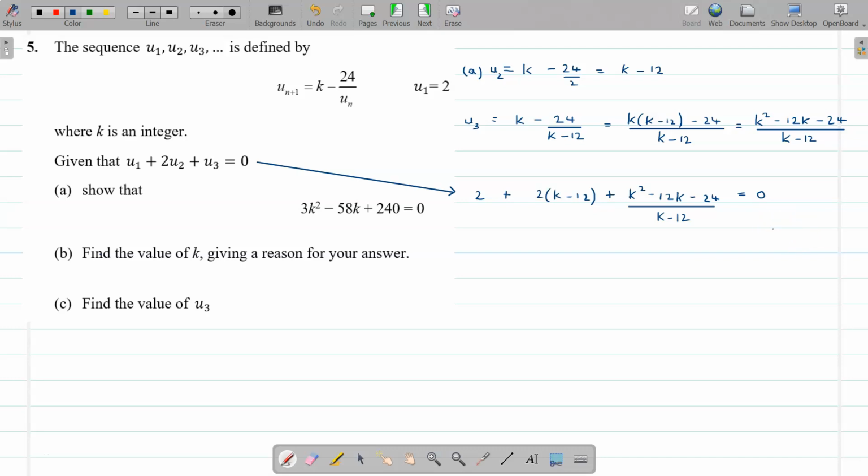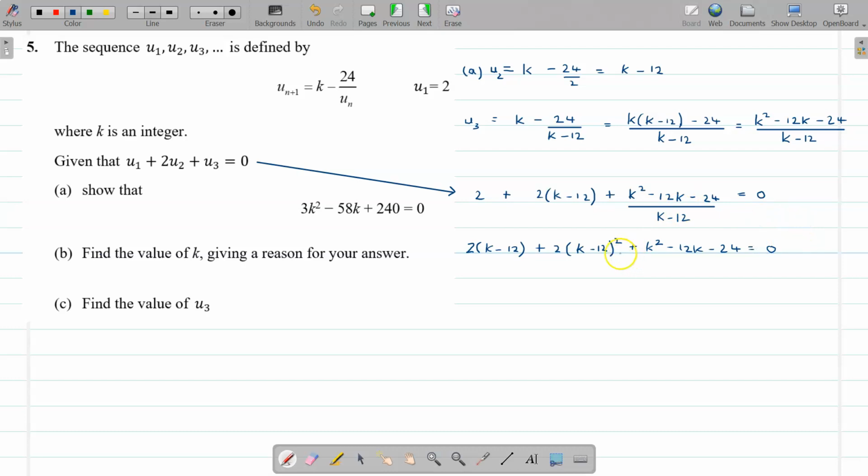I'm going to take everything and multiply it by k minus 12 now. So I'm going to have 2k minus 12 plus 2k minus 12 all squared plus k squared minus 12k minus 24.